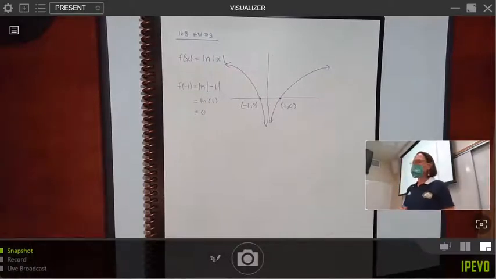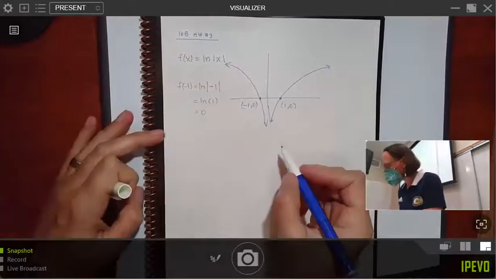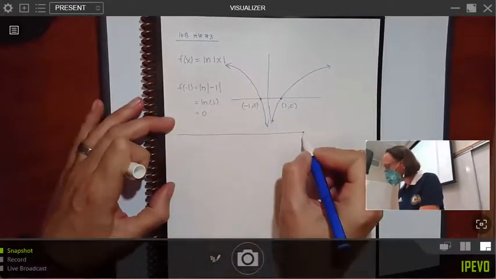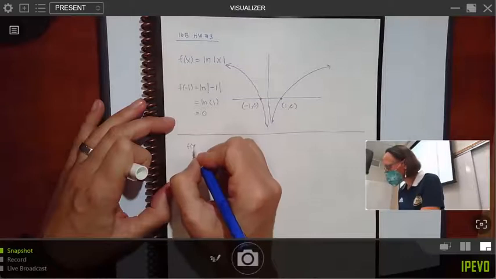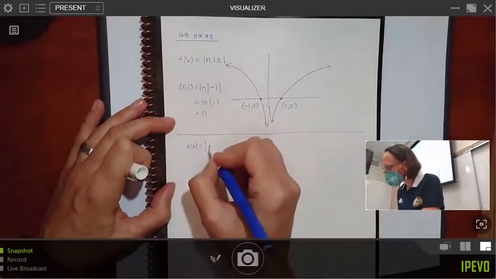Now, an interesting one that he didn't ask you to do, but what happens if we put the absolute value on the outside?